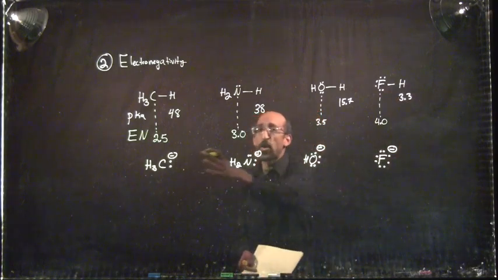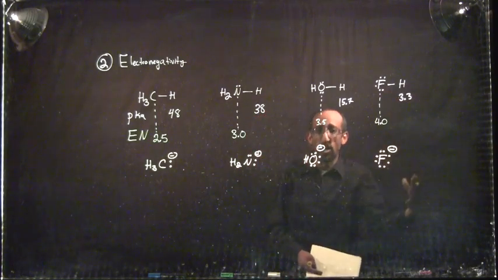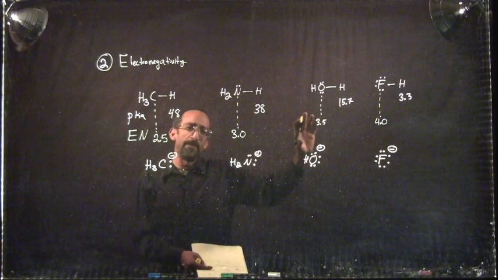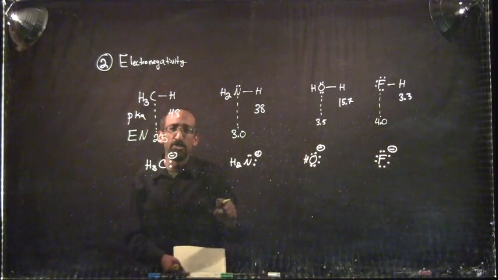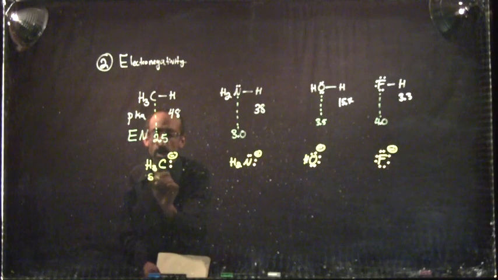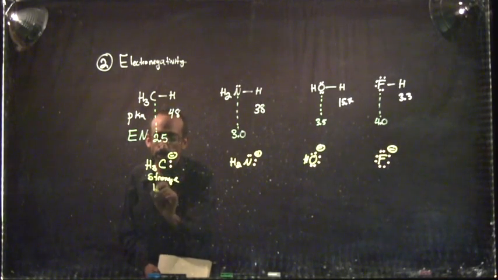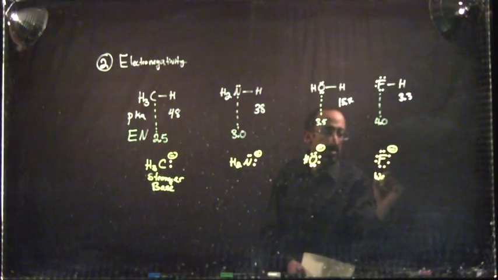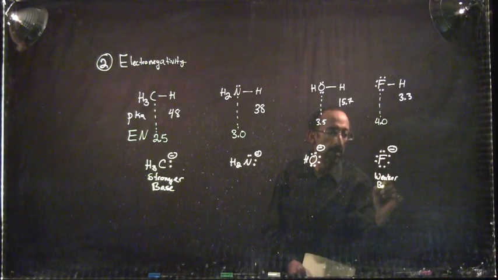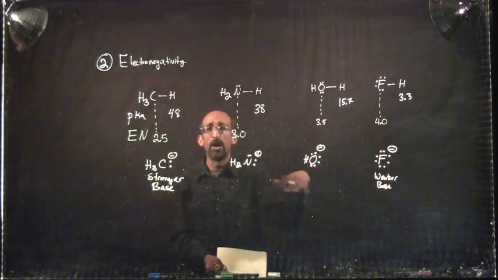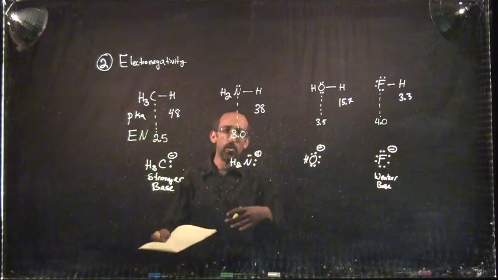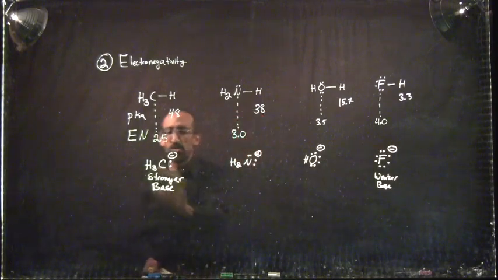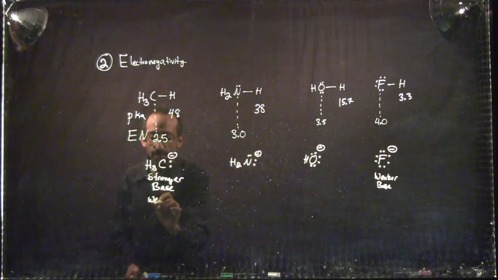And so we can now give a qualitative assessment for these four conjugate bases and say that here, because this lone pair on carbon is a little bit further away, more able to go and grab a hydrogen atom, this is going to make it a stronger base, which makes our F minus a weaker base. And if we remember back to our general rules, strong acid, weak conjugate base, weak acid, strong conjugate base, we can apply the converse of that, where a stronger base will result in a weaker acid.